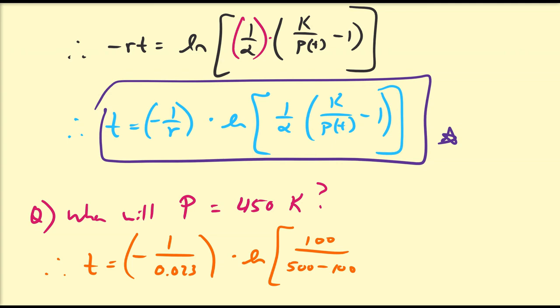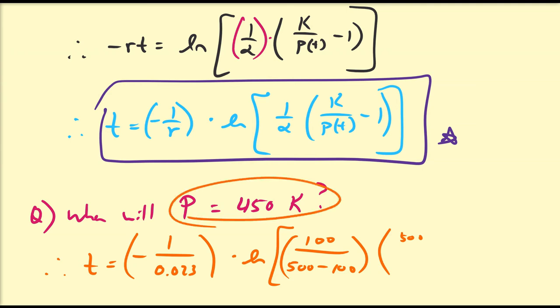So 100 was P0, 500 is K. And then that's going to be multiplied by 500 over PT, the value at the time we're searching for. So that's going to be 450 minus 1.